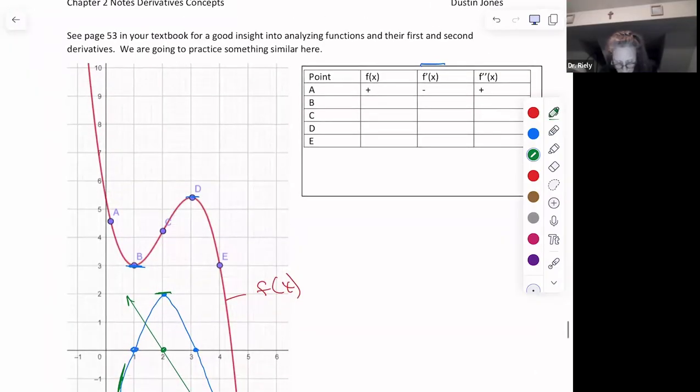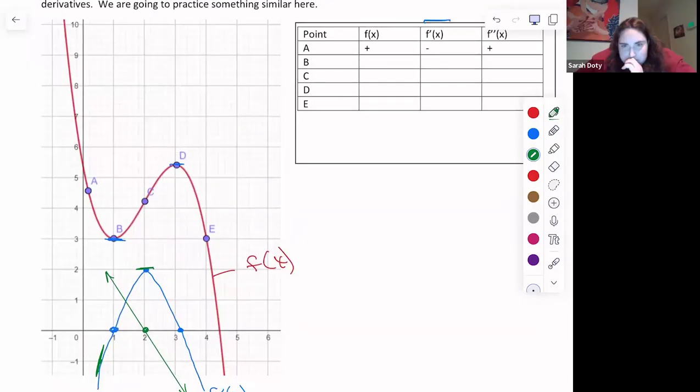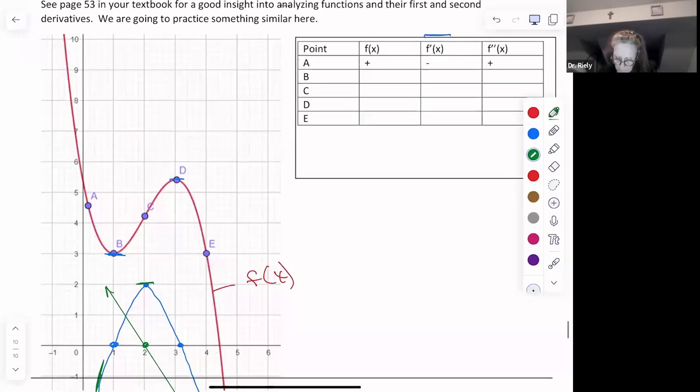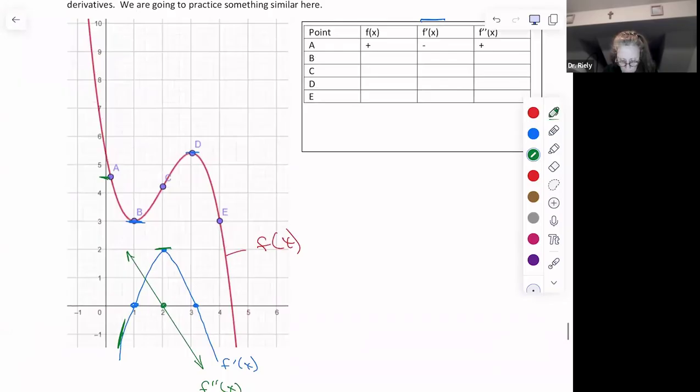So let's see, at A, wait 1 second. So at A, in the original, let me see. I have to think about this now. At point A, f of x is a positive value. Yes, it's a positive value, right? F prime of x would be where?